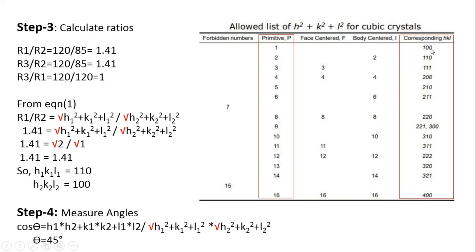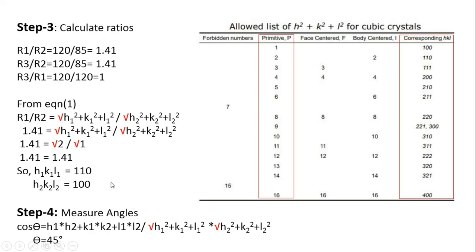We can take 100 or 110 values. After putting these values in this equation, we get under root 2 by under root 1, which gives 1.41, which satisfies this equation. So we can say here h1 k1 l1 is 110 and h2 k2 l2 equals 100.